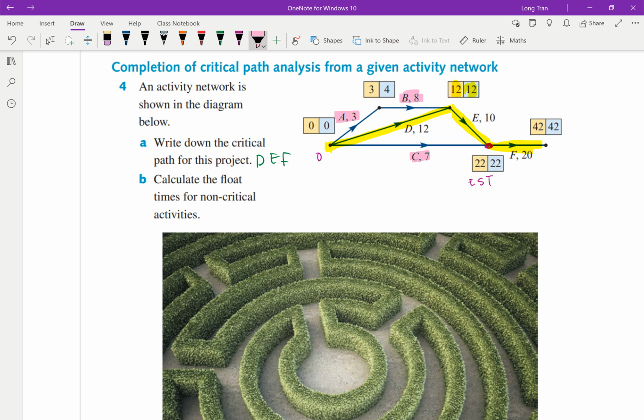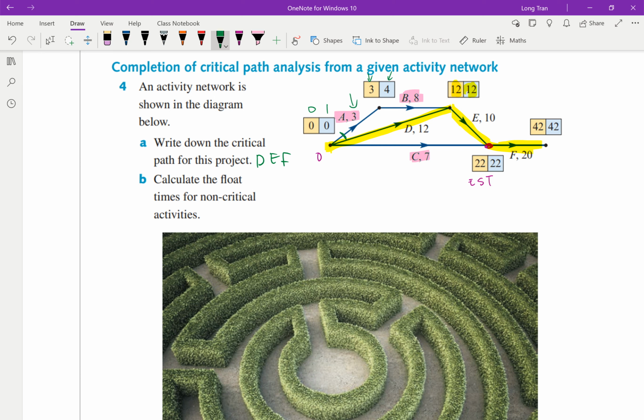So float time for activity A, you can see that the earliest start time is clearly 0, and it has a duration of 3, and you know that the latest start time for the next activity is 4. So technically, you don't have to start at 0. Technically, you could also start at 1.